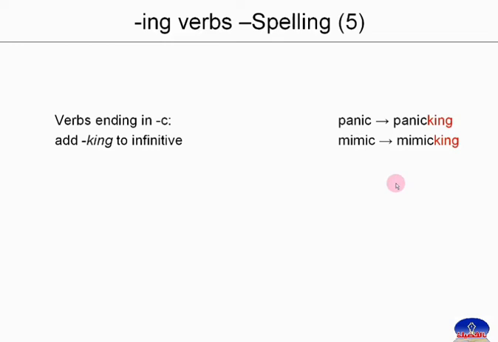Okay, that is probably 90% of the verbs are in fact regular. So do not worry too much. But it is important to know these rules, particularly when you are writing, because when you are speaking, when you're pronouncing them, it's the same. You're just saying ing at the end. But it's really important when you're writing.